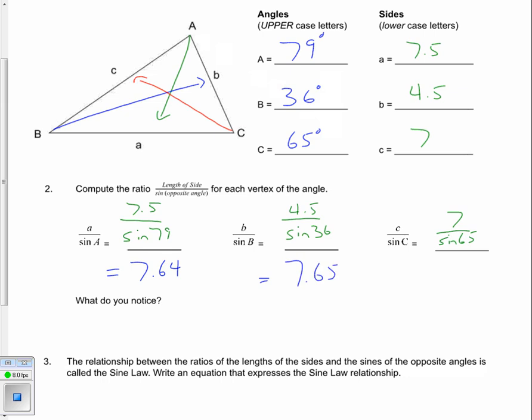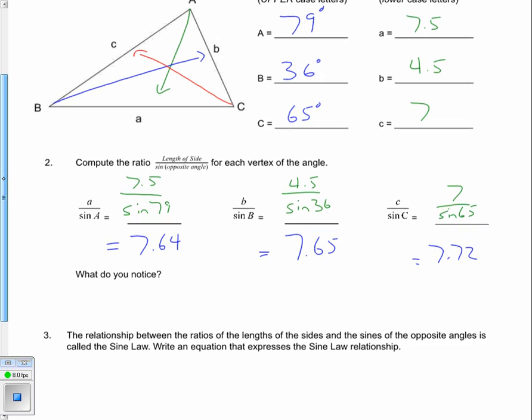And 7 divided by sine 65 equals approximately 7.72. We need to take into account the fact that some of the lengths weren't measured perfectly, or maybe one of the angles was off by 1 degree or something like that.